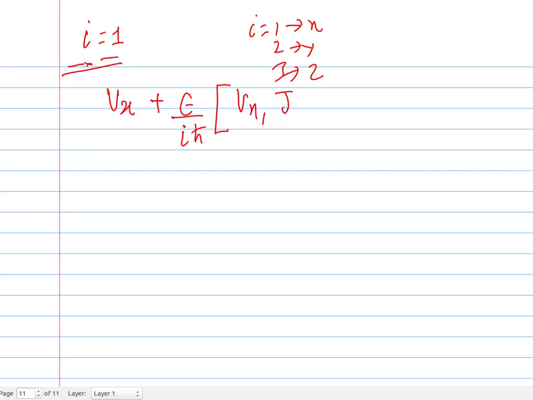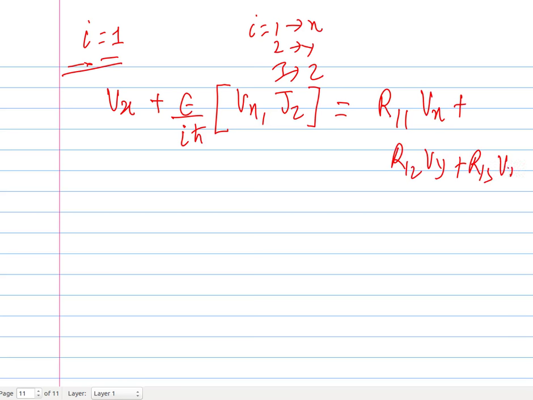Then i equal to 1 implies x, 2 is y and 3 is z. So Vx plus epsilon by i h bar, Vx commutation with Jz, should be equal to R11 Vx plus R12 Vy plus R13 Vz.